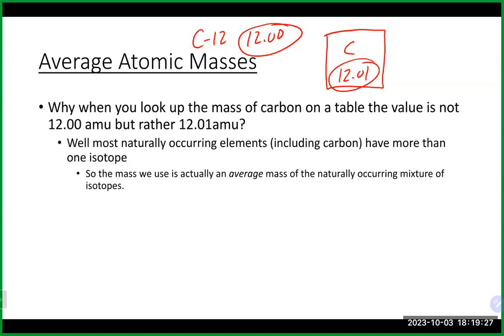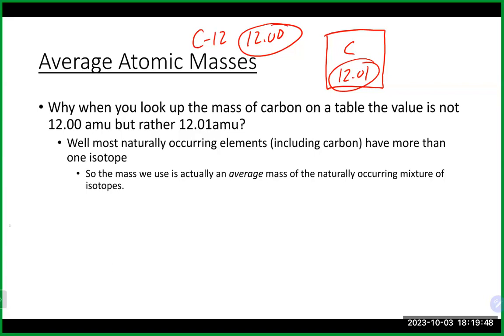So something like carbon has a carbon-12 isotope, also has a carbon-13 isotope, and they average those masses together to calculate the atomic mass that we see on the periodic table. Most people don't refer to it as an average atomic mass, but it really is an average atomic mass of each of those naturally occurring isotopes.